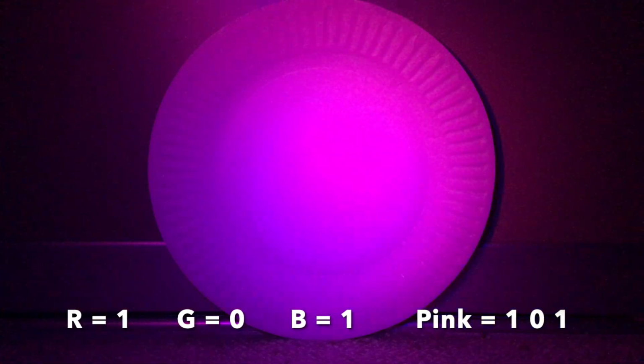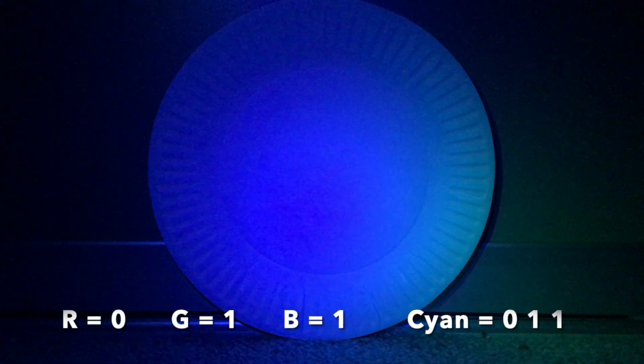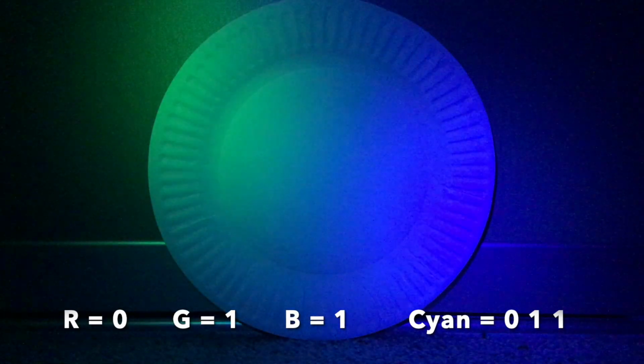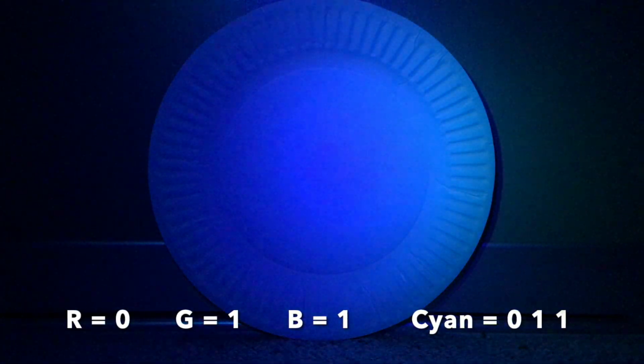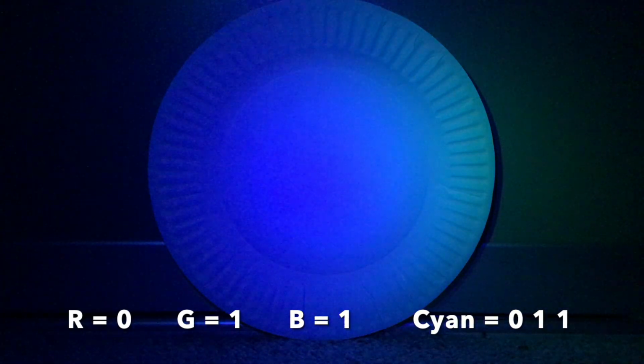If I wanted to make an aqua colour called cyan, then I would use the green and the blue, and when you mix them together you get a lighter blue. The binary representation would be 0, 1, 1, because the red's not on, but the other 2 are.